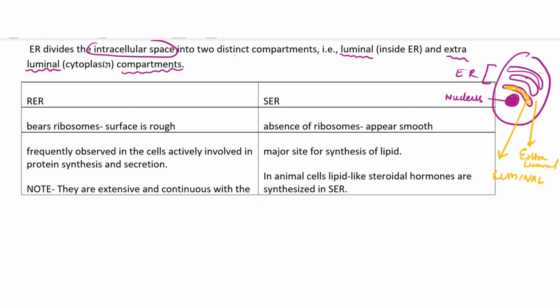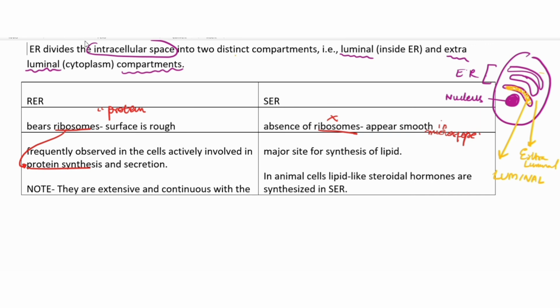Endoplasmic reticulum may be of two types: one rough endoplasmic reticulum, next is the smooth endoplasmic reticulum. We have already seen rough. The surface is rough because it has ribosomes present on the surface when viewed under the microscope. Whereas the surface is smooth because of the absence of ribosomes. Hence, the surface appears smooth.